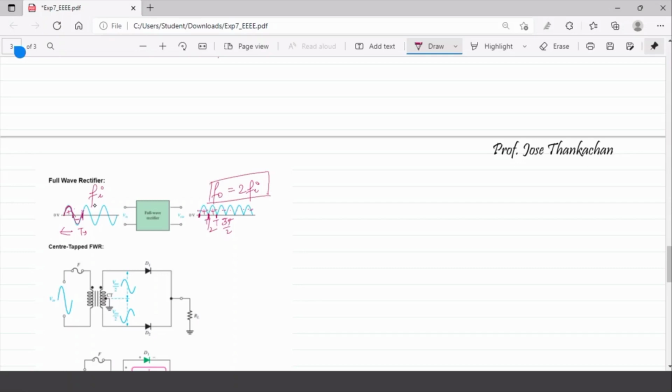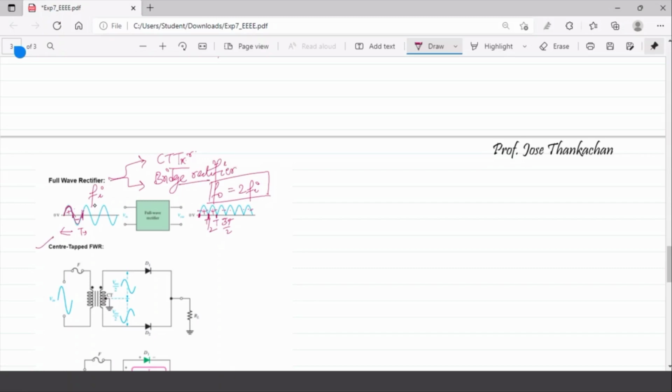Now again, as I told you in the earlier slide, a full wave rectifier can be realized in 2 ways. One of the ways is using a center tap transformer. The other one is a bridge rectifier. So what is the first one?